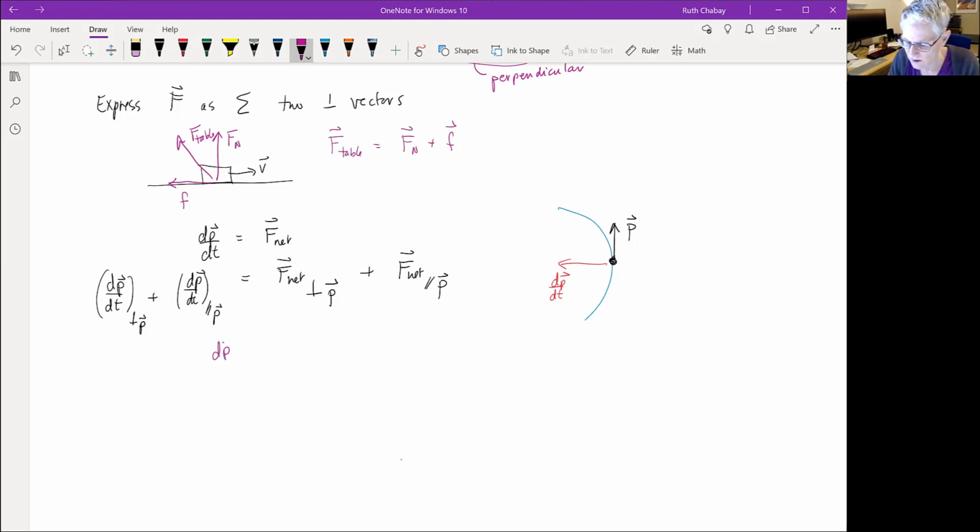So we can see dp/dt, the component that's perpendicular to the momentum, is equal to the component of the net force that's perpendicular to the momentum. And the component of dp/dt that's parallel to p is equal to the component of the force that's parallel to momentum. And by parallel, I mean parallel or anti-parallel along the same line.